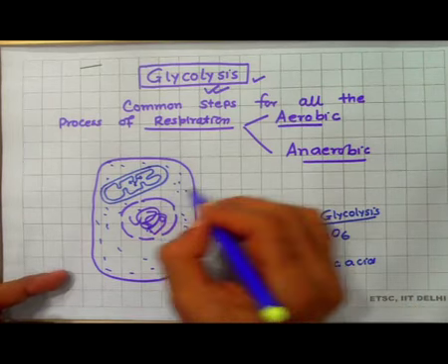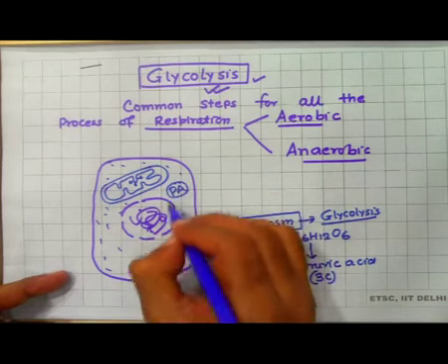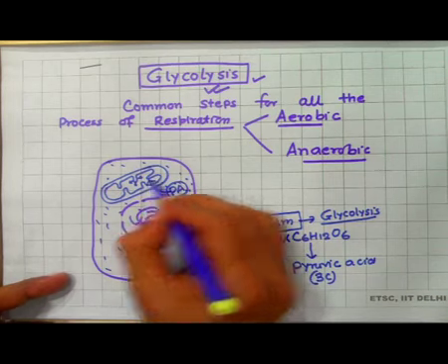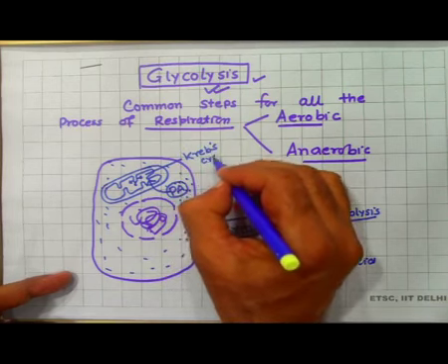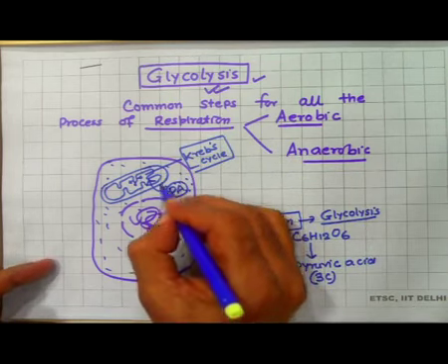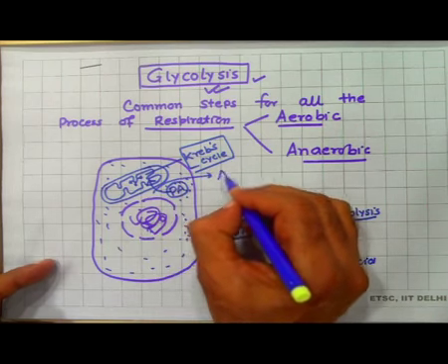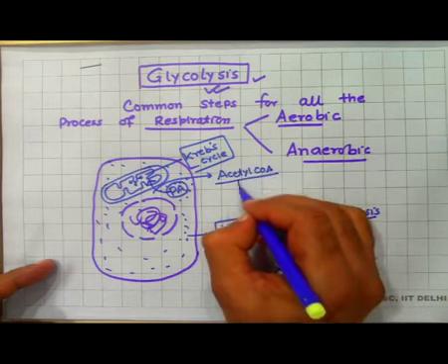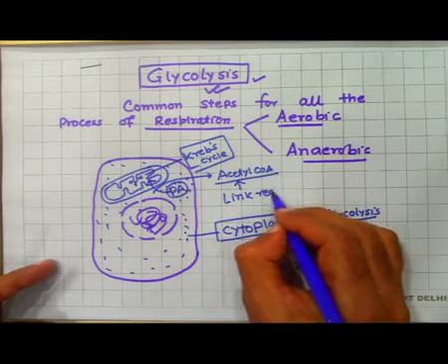Now, this pyruvic acid, abbreviated PA, found in cytoplasm, enters the mitochondria where the Krebs cycle takes place. Before entering the mitochondria, the pyruvic acid is converted into acetyl coenzyme. This reaction we have already discussed, that is called the link reaction.